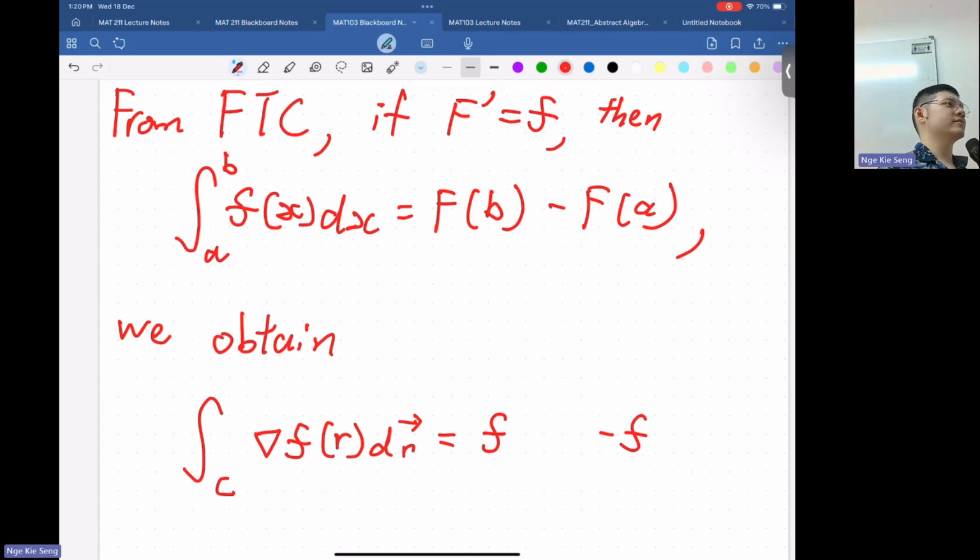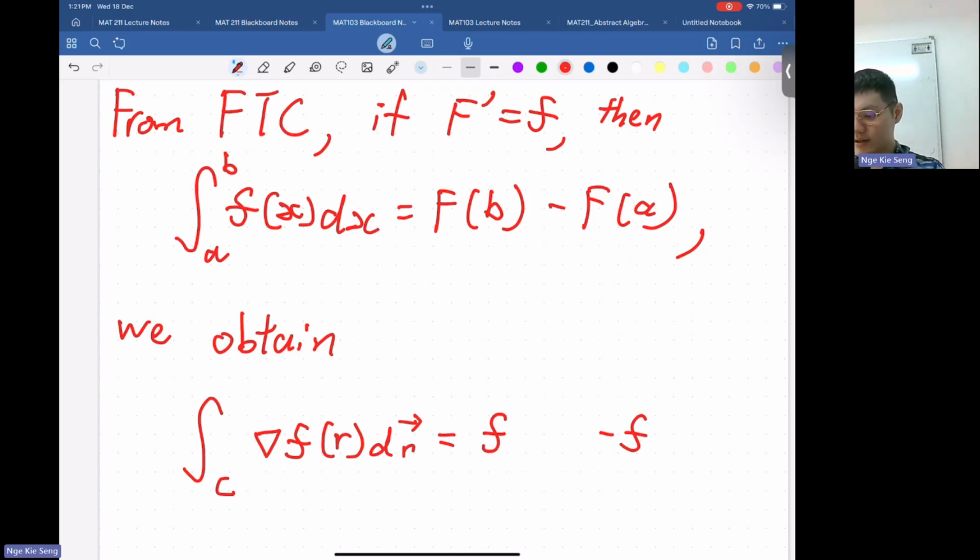Sorry? r(t). r(t) describing what? r(t) is what? A parameterized curve, right? So where is the curve here? C, right?